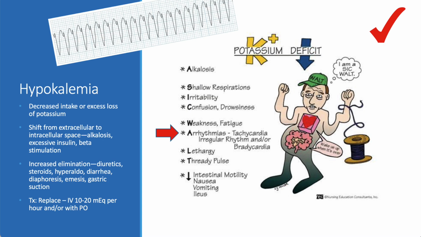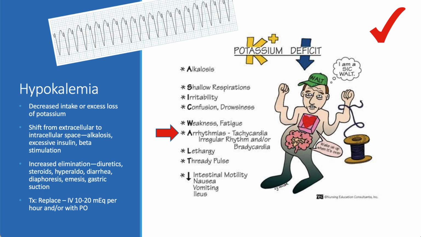Now we have hypokalemia. Now, a lot of you are going to learn this and maybe already have, and I want to just help you focus a little more clearly. All nursing students learn that potassium can cause dysrhythmias. That's true. But the dysrhythmias are very different with hypo and hyperkalemia. Hypokalemia causes ventricular tachycardia, ventricular fibrillation, the bad ones, right?